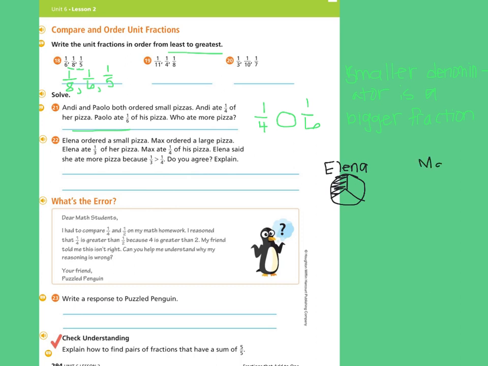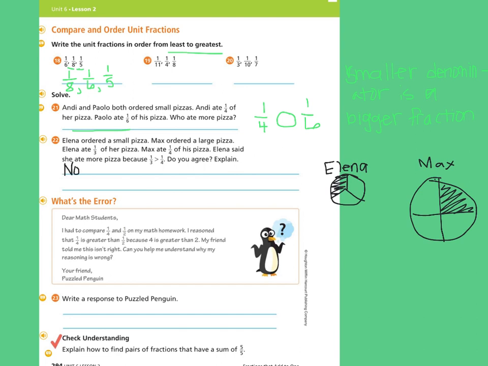Now Max ordered a large pizza and he ate 1/4 of his pizza. Elena said she ate more pizza because 1/3 is greater than 1/4. Do you agree? By looking at these pictures, you can see that Max's piece is actually larger because his pizza is bigger.